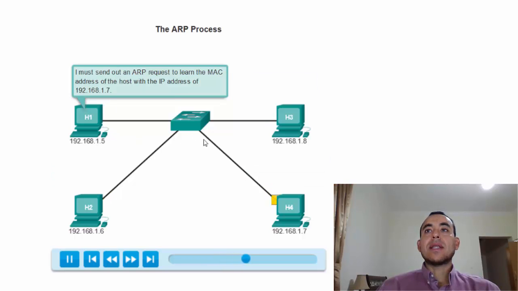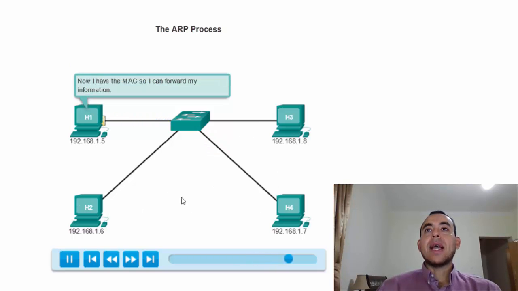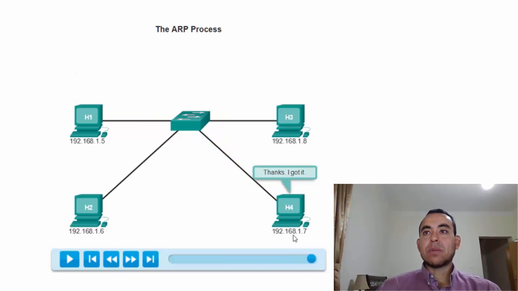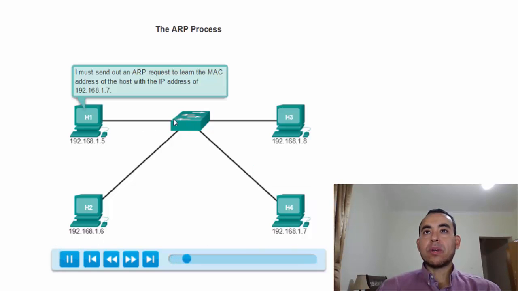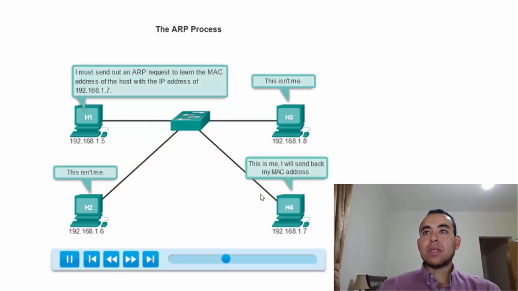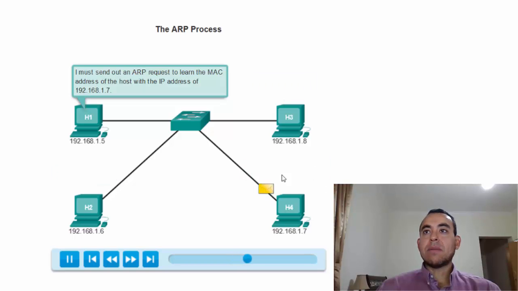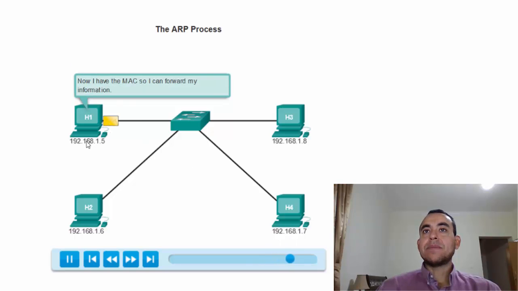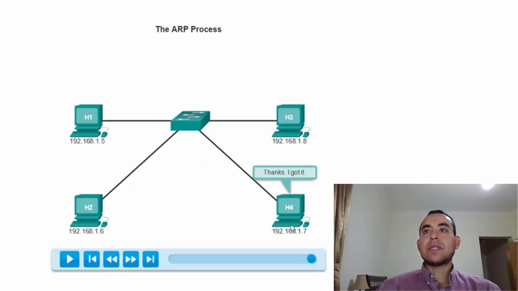This ARP request is sent as a broadcast to the entire local area network, and only the node that has the physical address that corresponds to this IP address will send a reply back to the source node to inform it: I have this IP address and my physical address is this. Then in the near future, the source will use this IP address and physical address to send to this particular node.